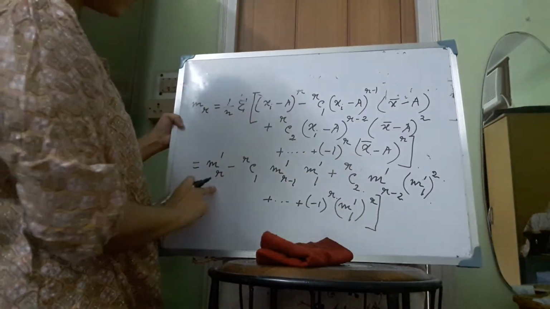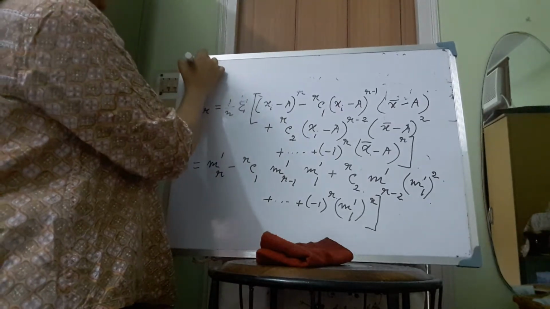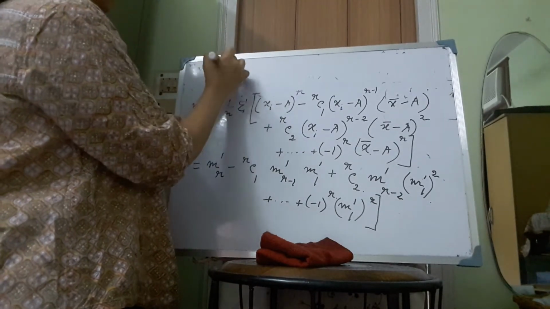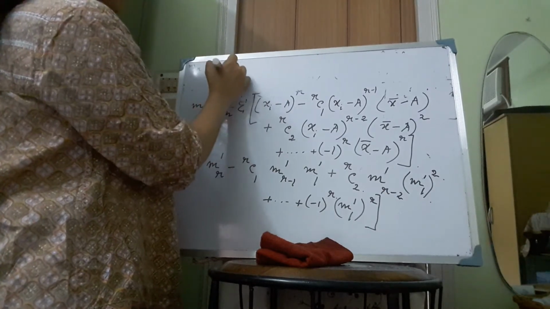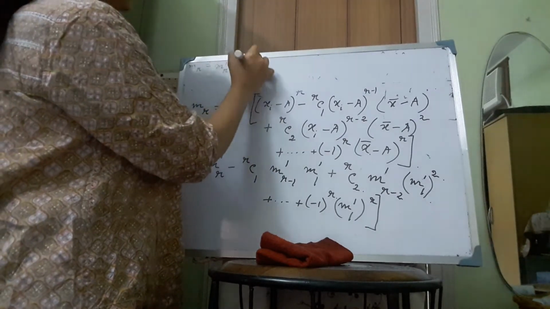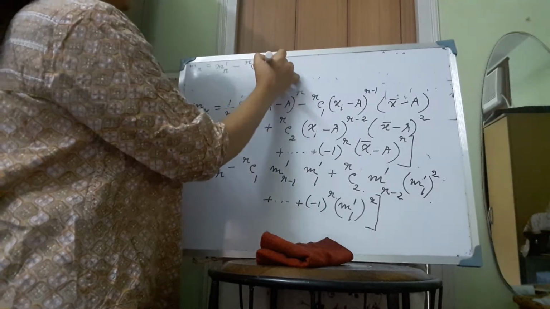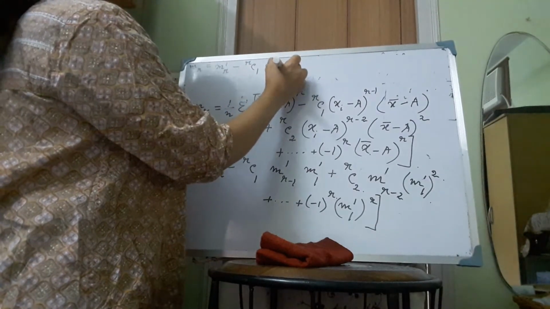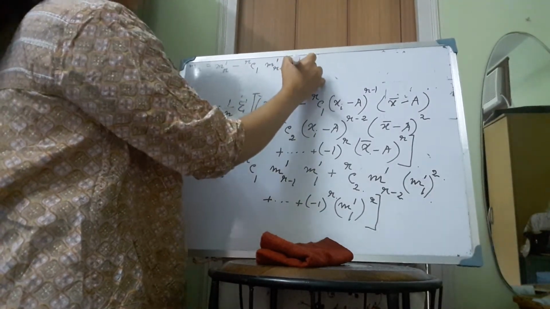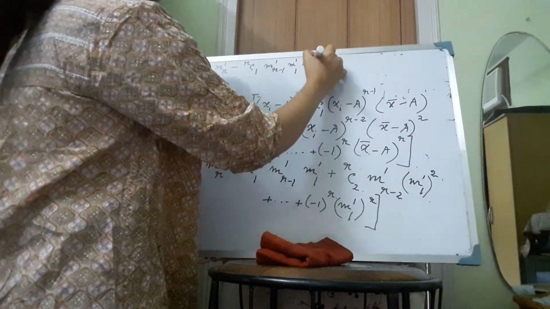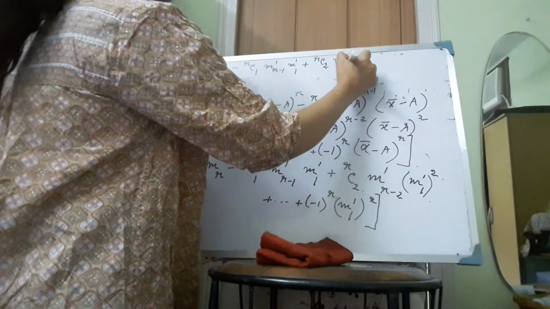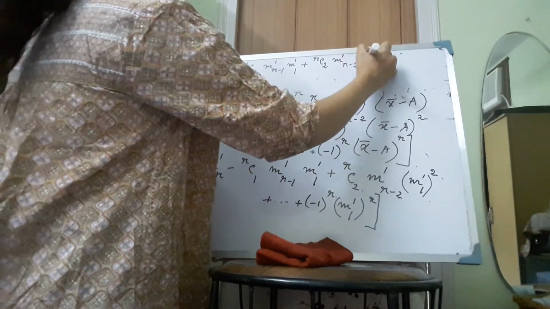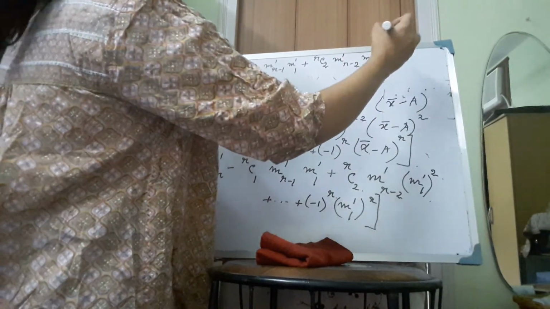So we are rewriting this here. So mr is equal to mr dash minus rc1 m r minus 1 dash, then m1 dash, plus rc2 m dash r minus 2, then m1 dash square.